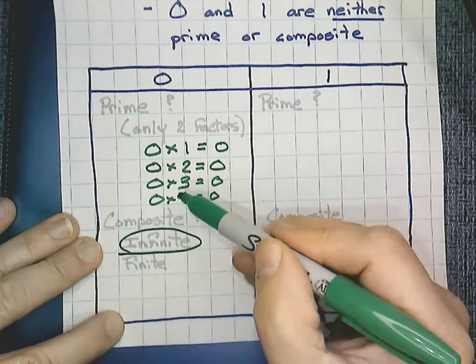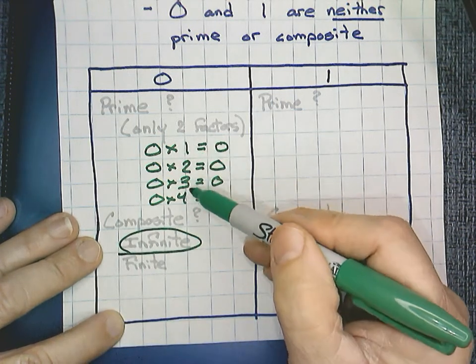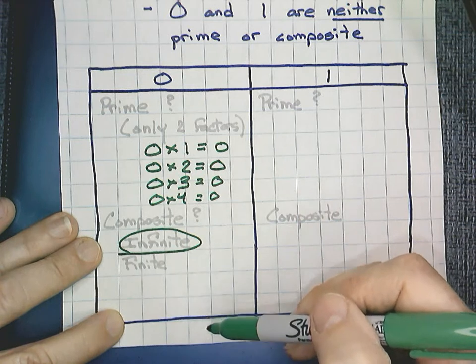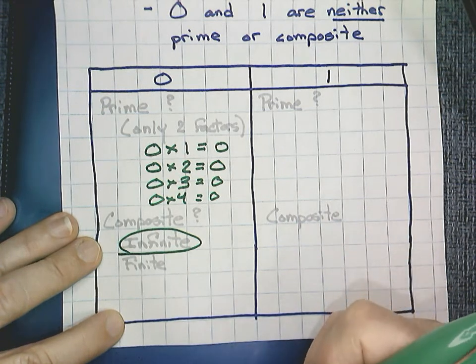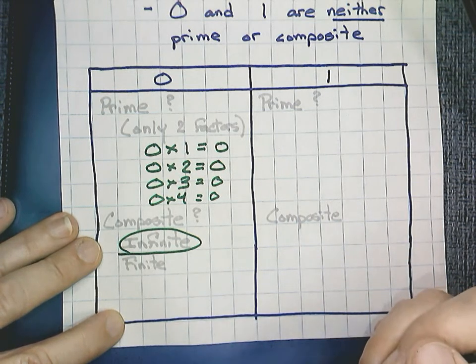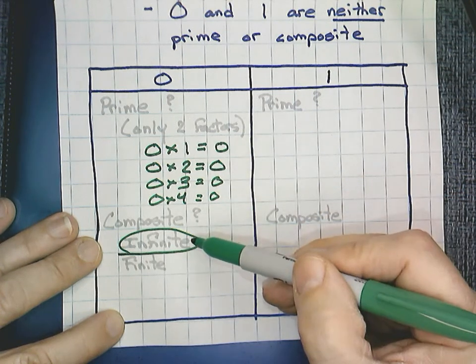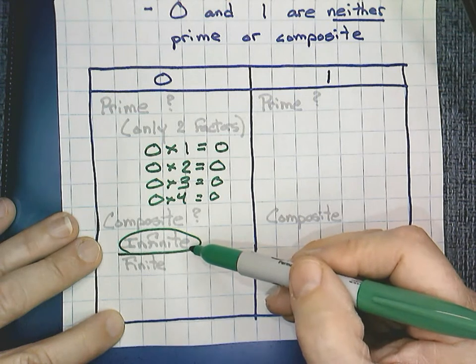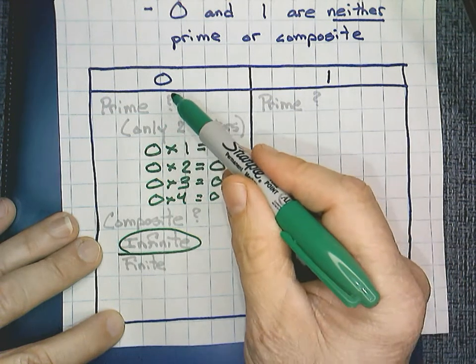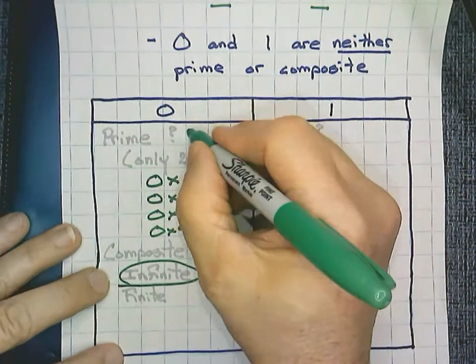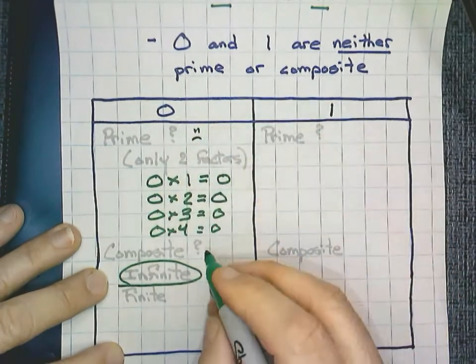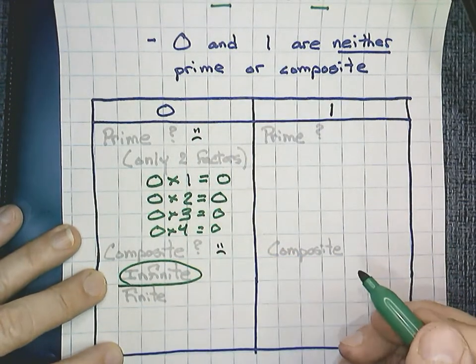With 0, the numbers are infinite, meaning that you could be writing these numbers into the millions and billions and trillions and whatever is beyond that forever for the rest of your life, and it would still equal 0. That's what we mean by infinite. So therefore, 0 is not prime, draw like a frown face, and it is not composite.